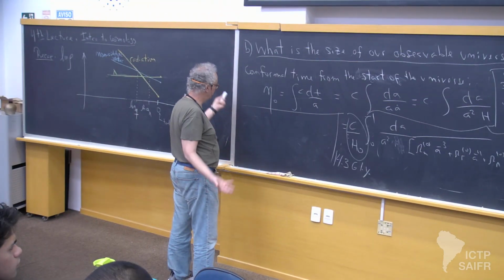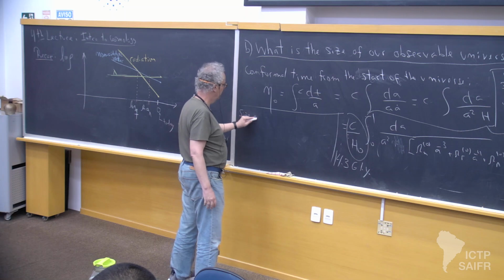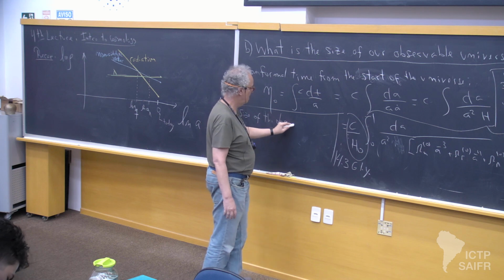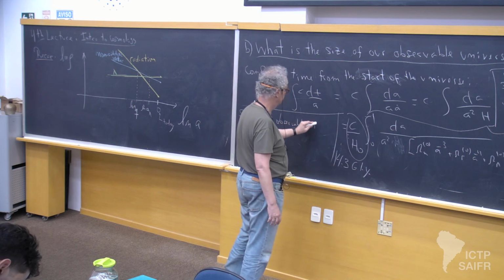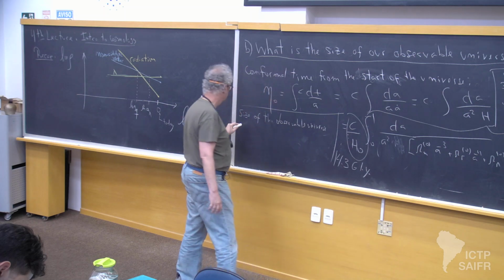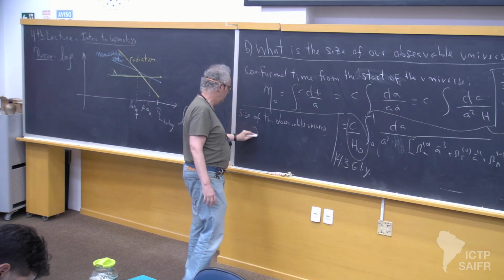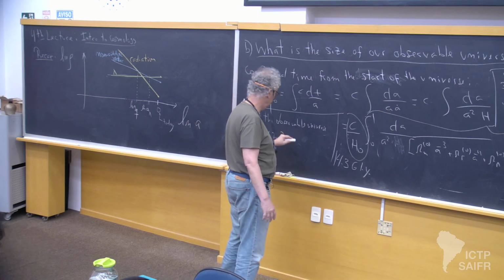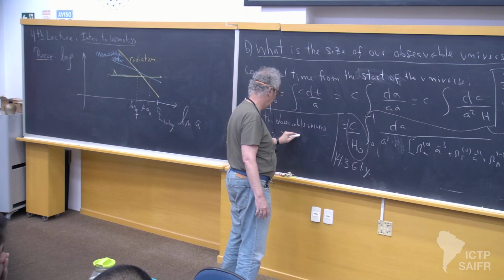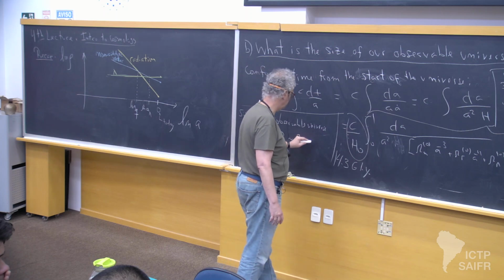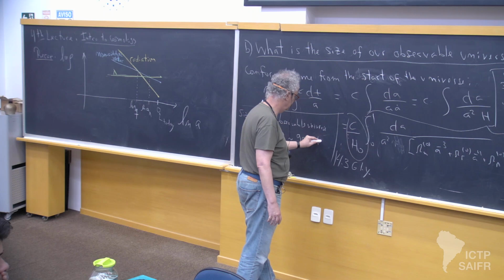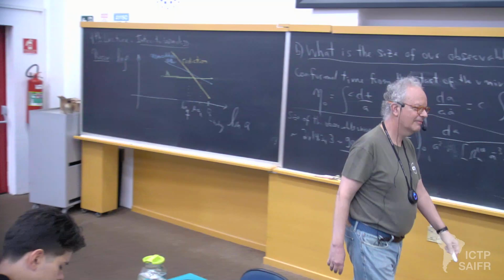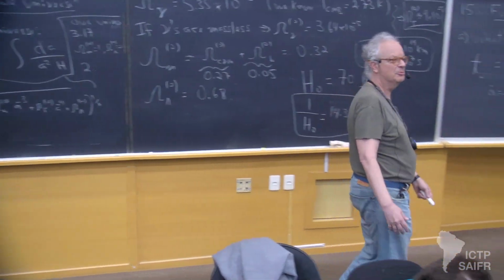So the diameter of the observable universe is roughly 2 times 14.3 times 3, which is around, I don't know, something like 90, 88, 85, 90 giga light years. So this is the size of the observable universe today.